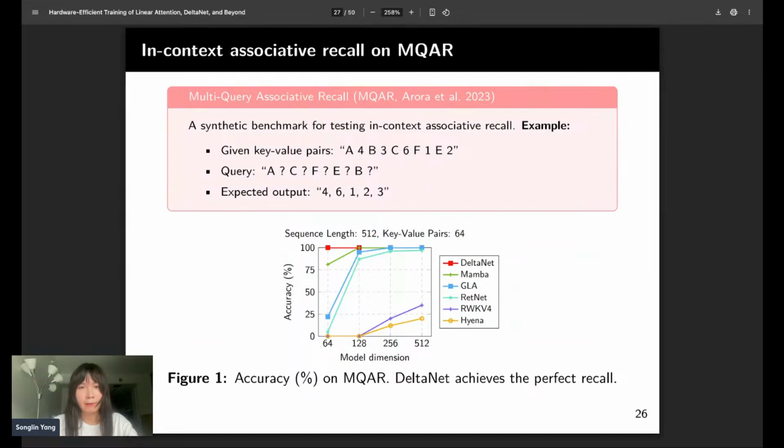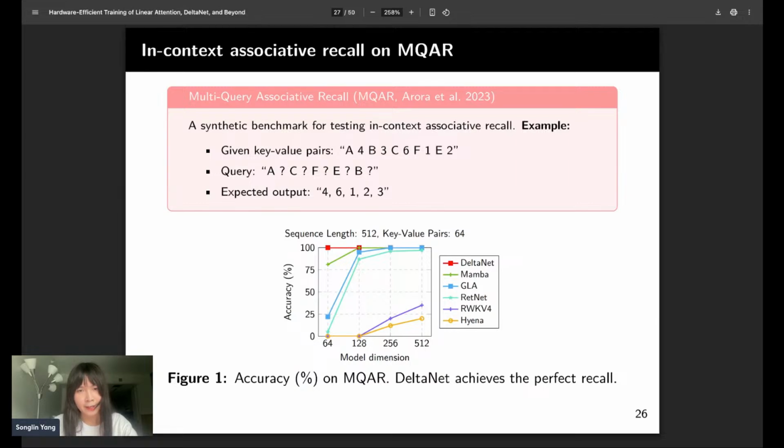Here we have a very toy-like benchmark called multi-query associative recall. This is a synthetic benchmark to test the in-context retrieval performance of these emerging architectures. This task is very simple. We have multiple key-value pairs provided in the context. The keys are capital letters, and the values are numbers.